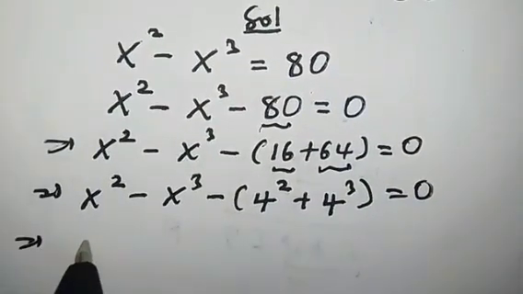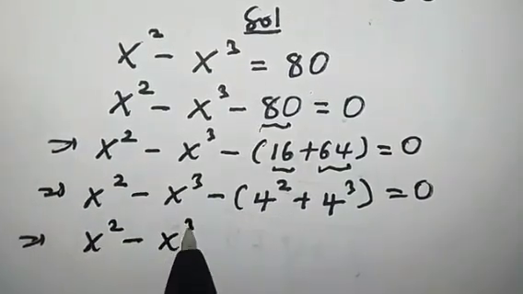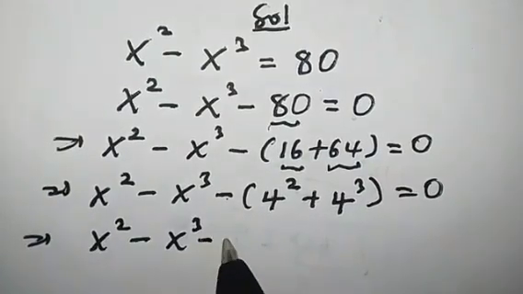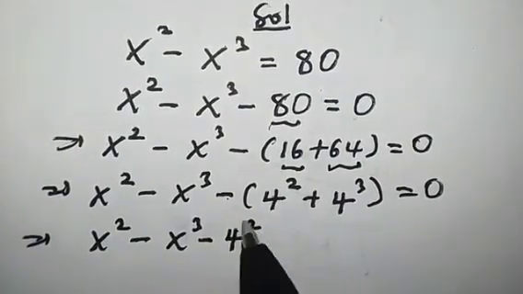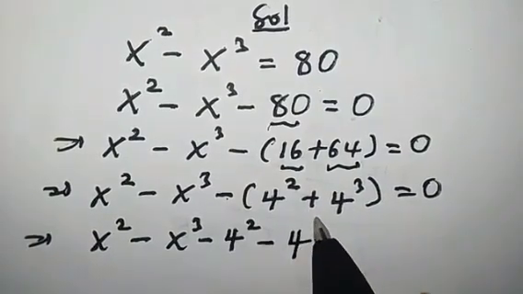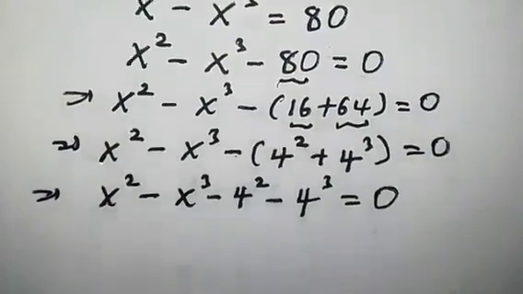This means that x to the power of 2 minus x to the power of 3 minus times 4 square, that is minus 4 square, minus times 4 cube, that is minus 4 cube, equal to 0. Let's proceed further.